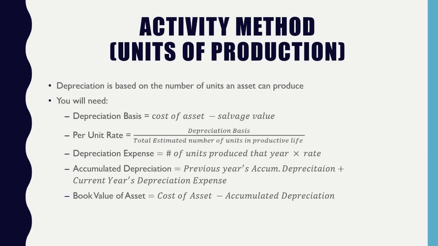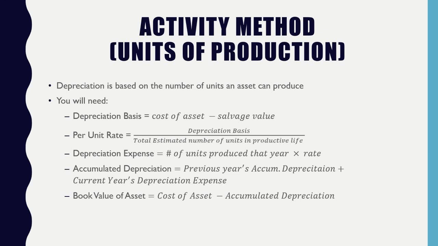Okay? And then you have depreciation expense, which is going to be the number of units that were produced that year times the rate, or the per unit rate. And then accumulated depreciation is going to be your previous year's accumulated depreciation plus your current year's depreciation expense.